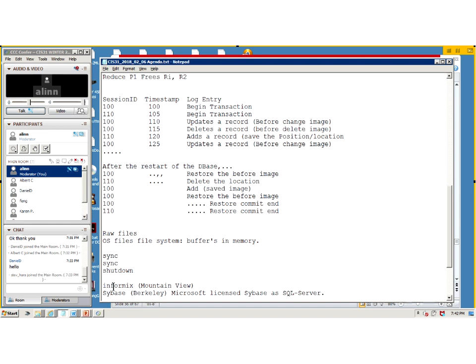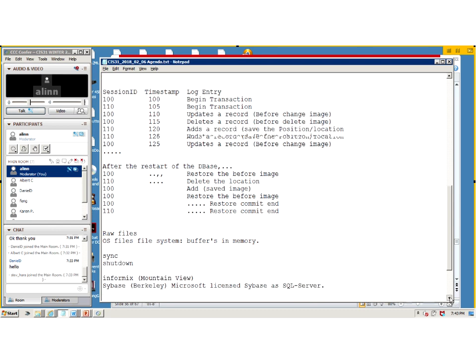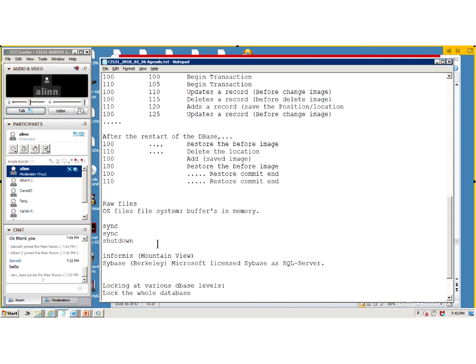I remember doing this back in the mid to late 1990s on a Sun box when we had to shut it down. You would want to go through this process. We had the Informix database on that system.